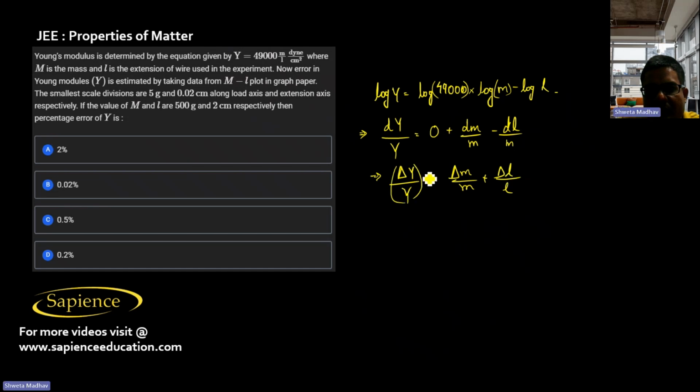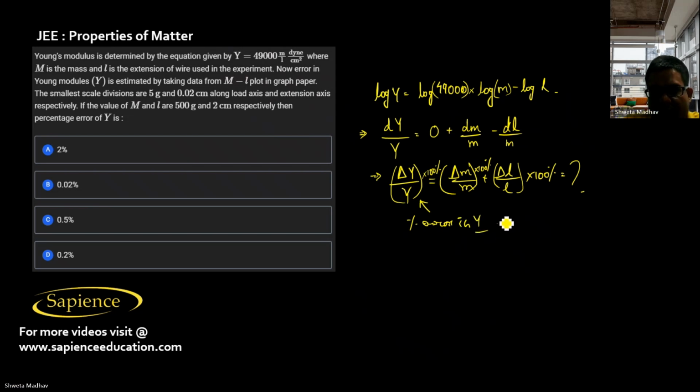Now into 100, since we want the percentage error in y. So this into 100%, this into 100%. Since we need the percentage error, this is the value we have to find out, the percentage error in the Young's modulus y.